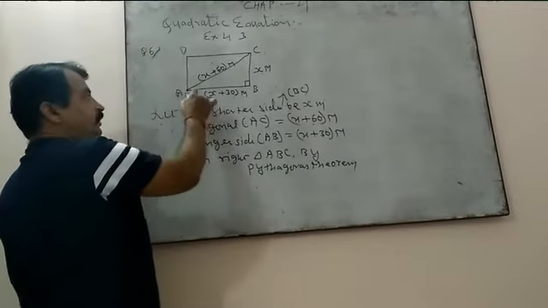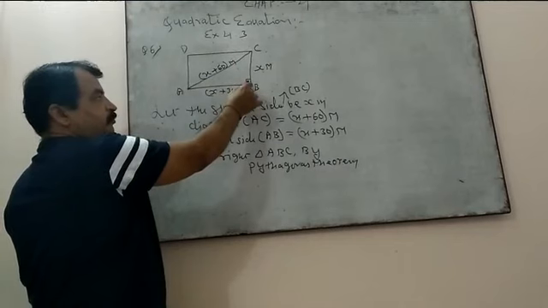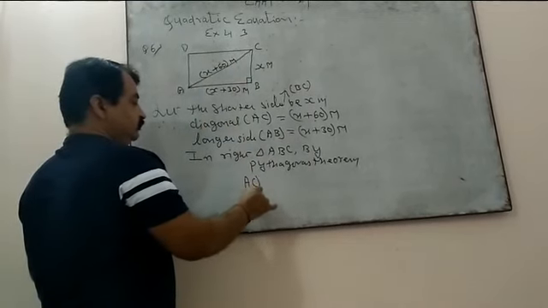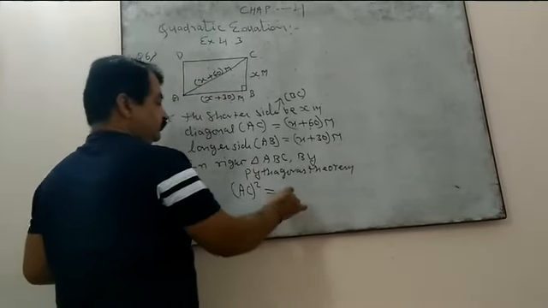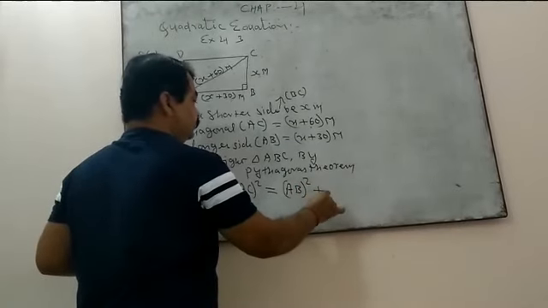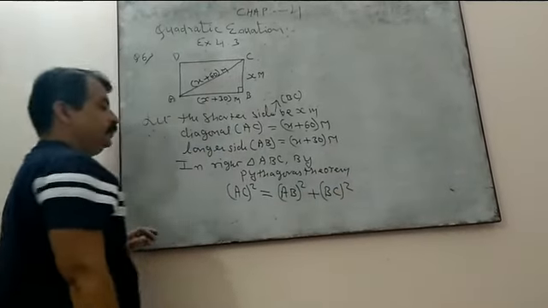what do we get in right triangle ABC? Hypotenuse square. What is the hypotenuse? The side opposite to 90 degrees is the hypotenuse, that is AC square, is equal to the sum of squares of the other two sides. The other two sides are AB and BC. Clear? Okay.